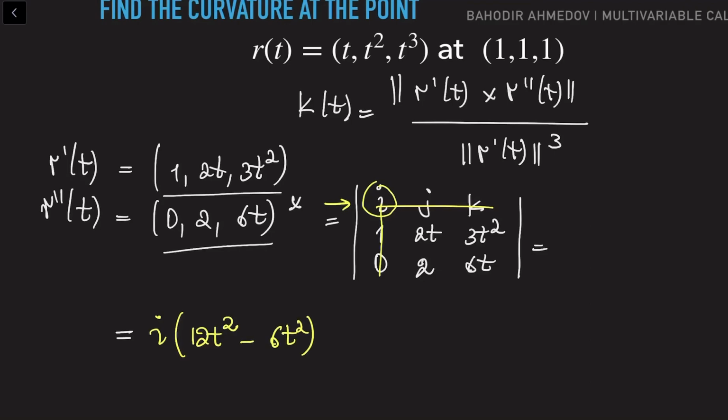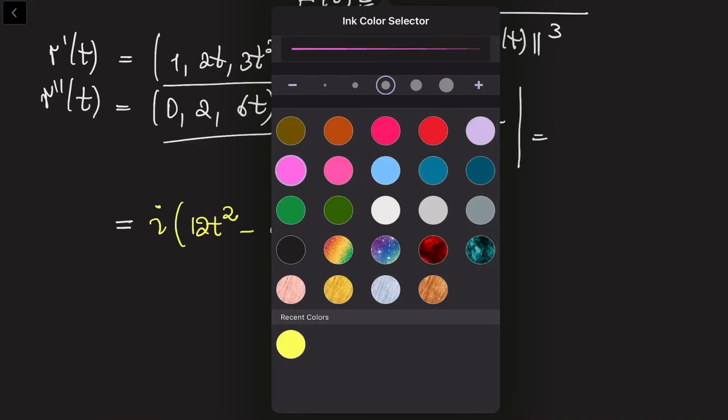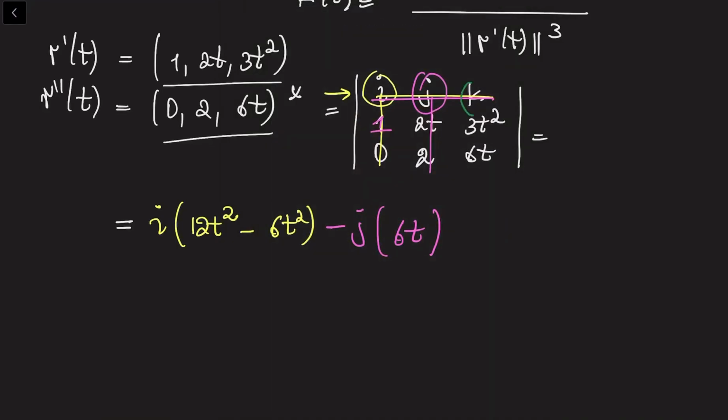Then we are going to go to the j. We are going to erase the column and the row where the j is located. Minus j is now multiplied by the determinant of the matrix which is left, which is going to be 1 times 6t, which is 6t, minus 0 times 3t squared, which is simply 0. And then when we go to the k, we're going to make similar manipulations.